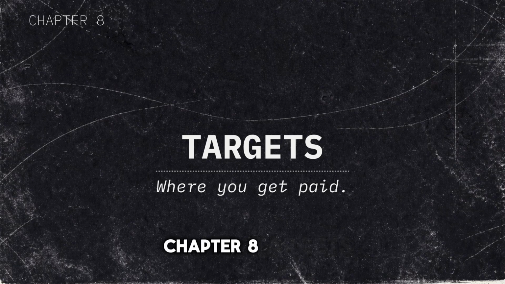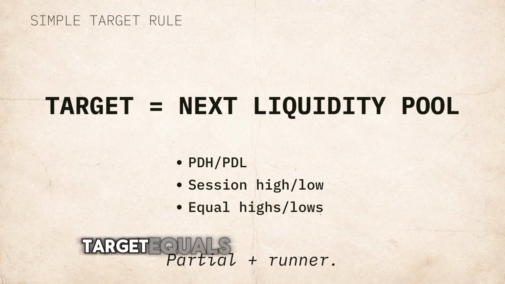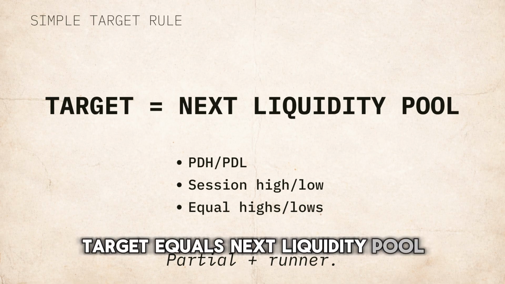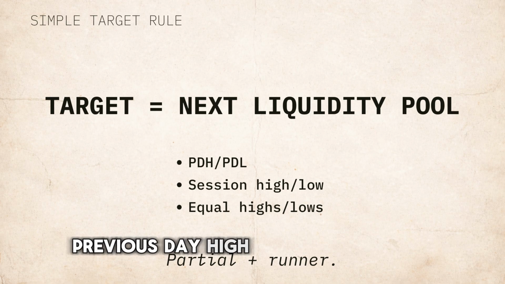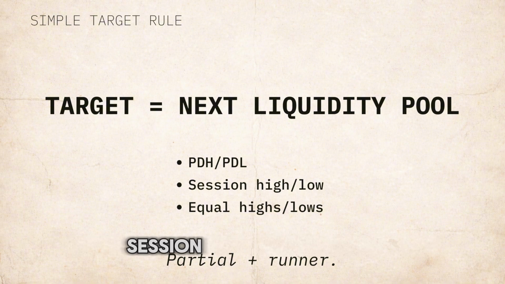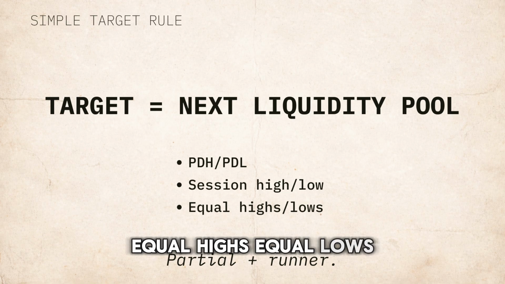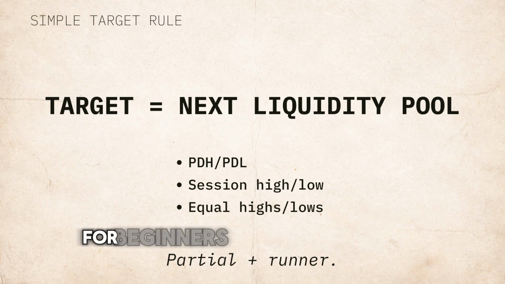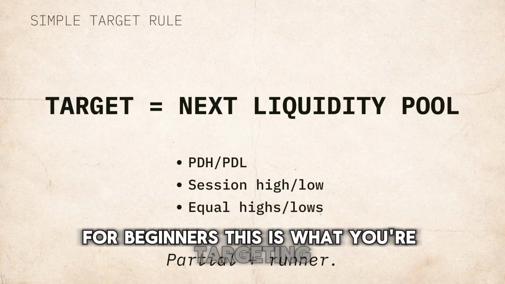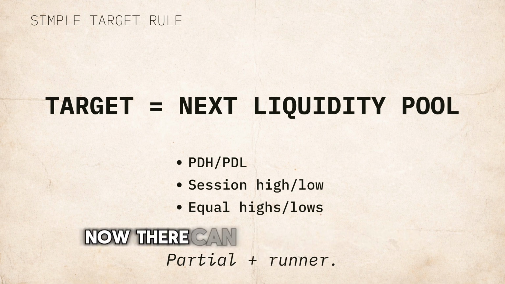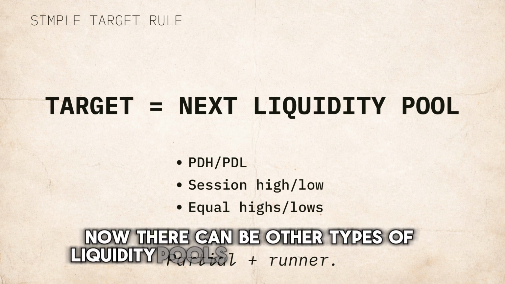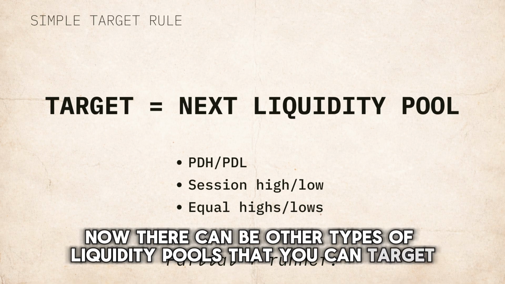Chapter 8, Targets. This is where you get paid. Target equals next liquidity pool. Previous day high, previous day low, session high, session low, equal highs, equal lows. For beginners, this is what you're targeting. Now, there can be other types of liquidity pools that you can target.